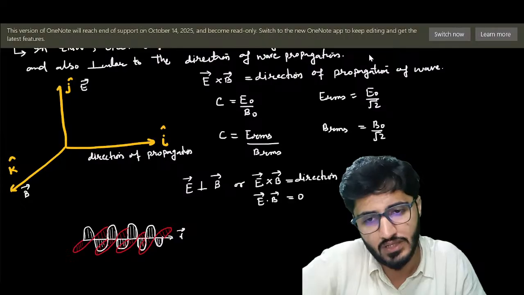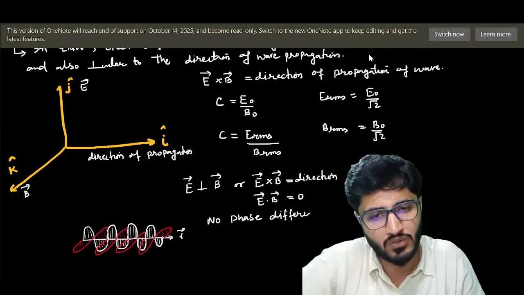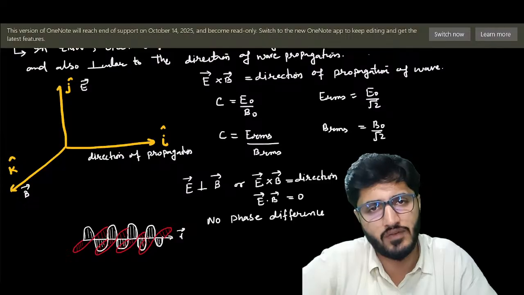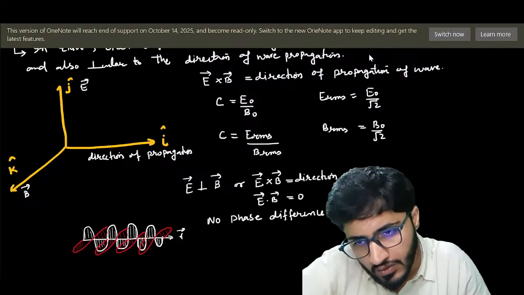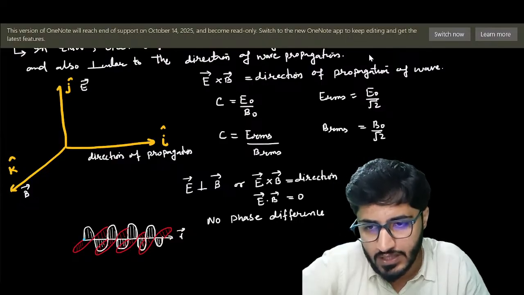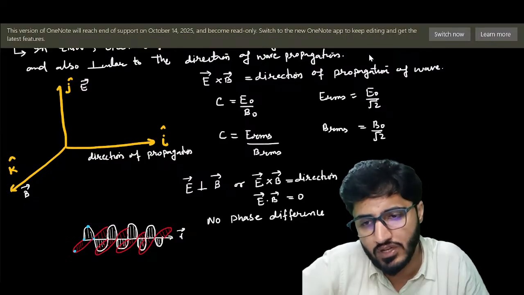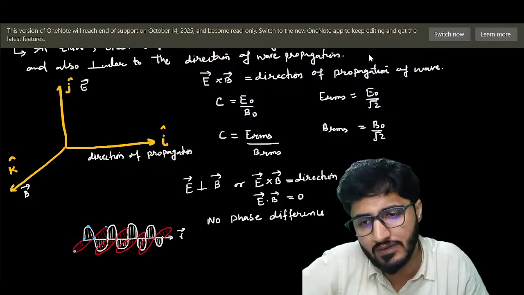Then one more thing, that there is no phase difference. Do you know why? Look, both start from 0. Here it is at maximum level, and at the same time this one is at maximum level. 0, 0, then max level, then 0, 0.